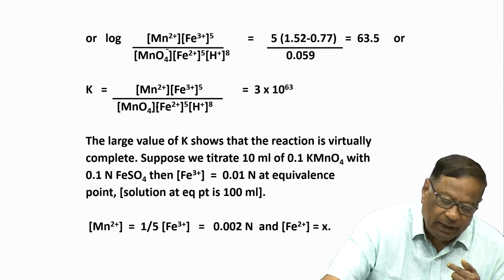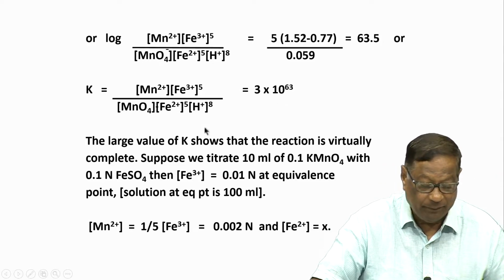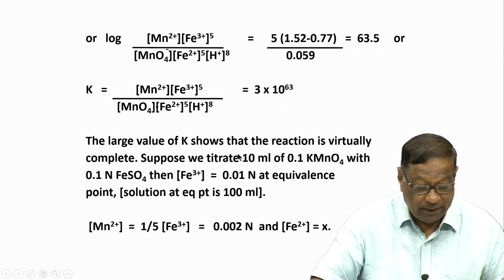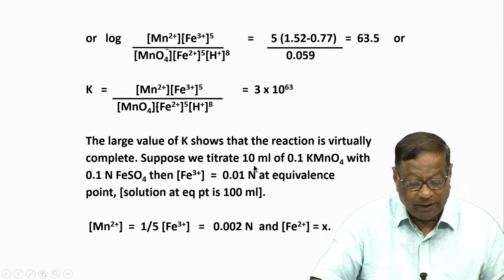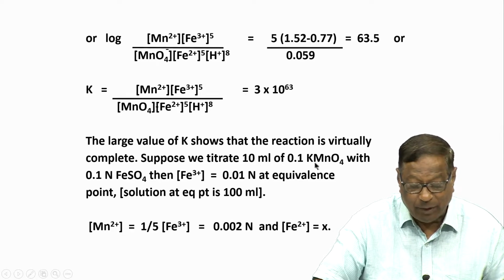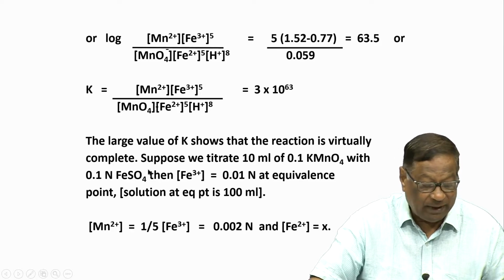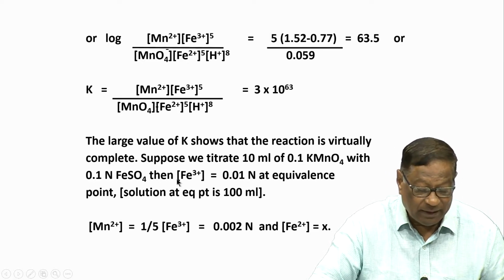So, from the equation, the large value of K, we can try to decide how to do the titration. I can take 10 ml of 0.1 molar potassium permanganate and 0.1 molar ferrous sulphate.